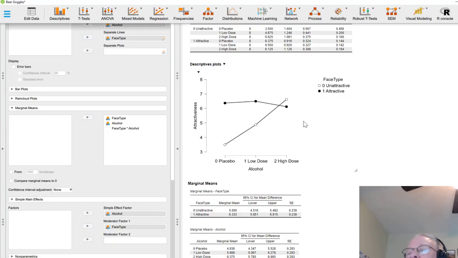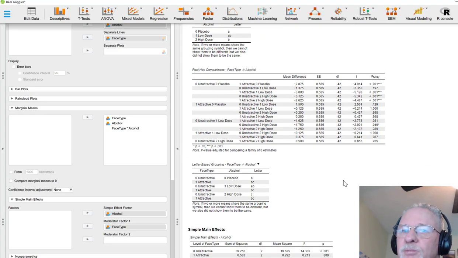So there is some redundancy with the post-hoc test, but reporting it in terms of the simple main effects is the better way to actually systematically go through your analysis reporting.